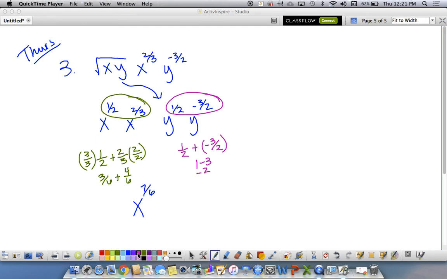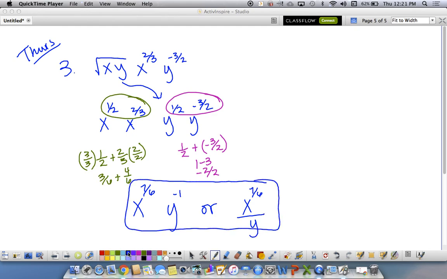So I've got a -2/2, which is a -1, right? So now I have a y to the -1, okay? We could stop there. If the instructions, which I didn't specify, say otherwise, it could be rewritten as x to the 7/6 divided by y. Either one of these answers would be sufficient. You are okay with either one.